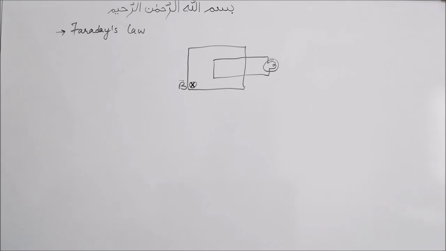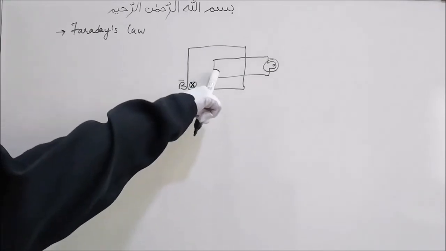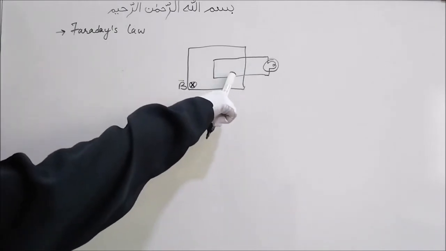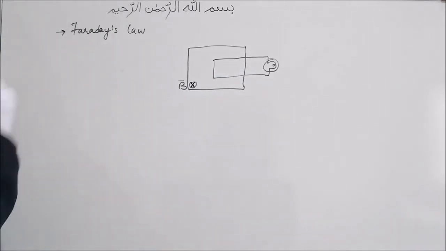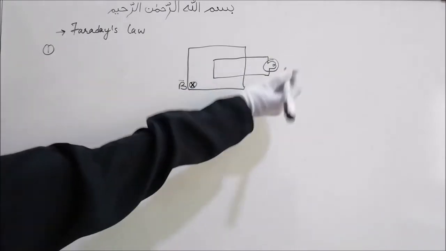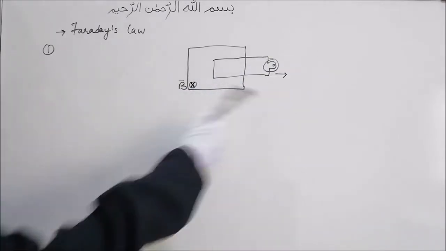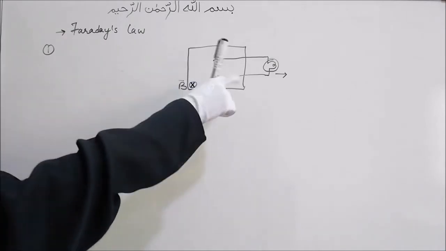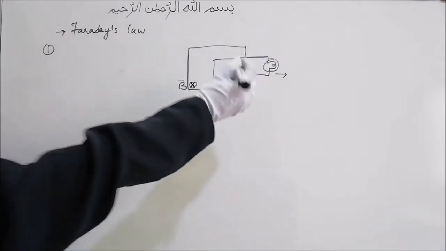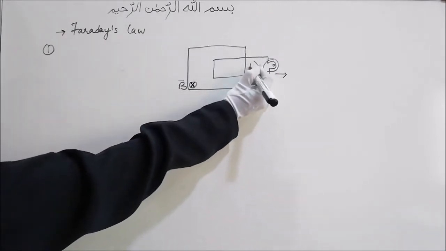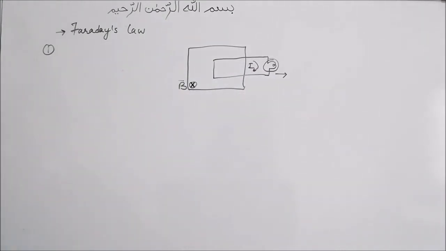Sir Michael Faraday did various experiments in which he showed that a current can be induced in this loop by, first, pulling the loop through the magnetic field. We can keep the magnetic field here and pull this loop that side, then a current I will be induced in this loop.